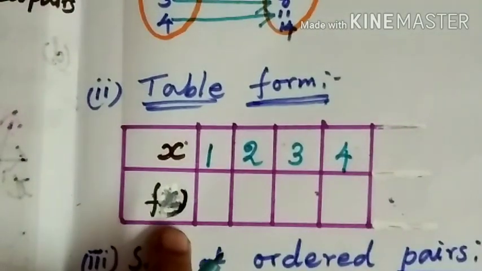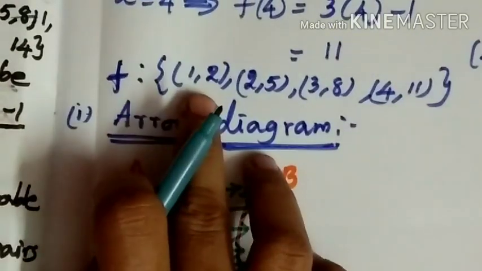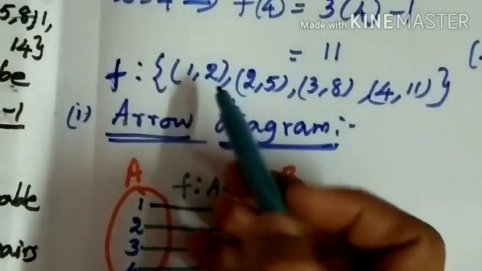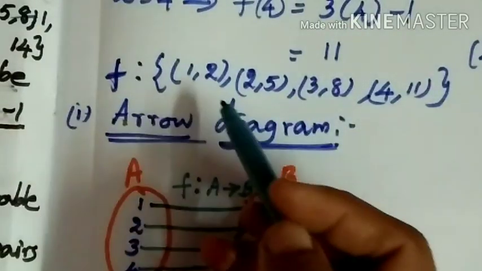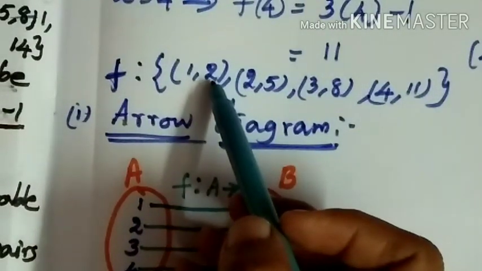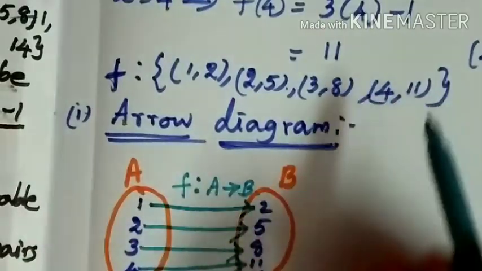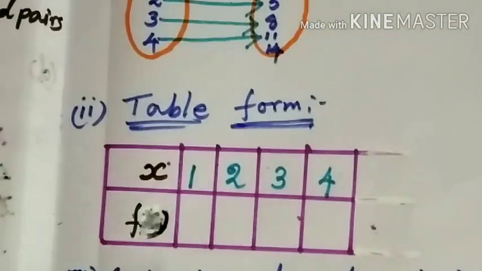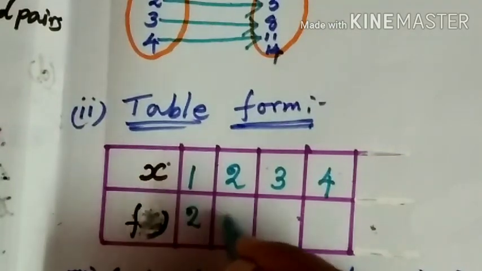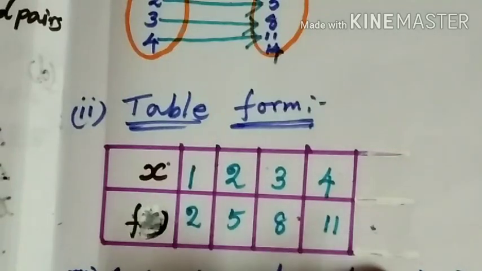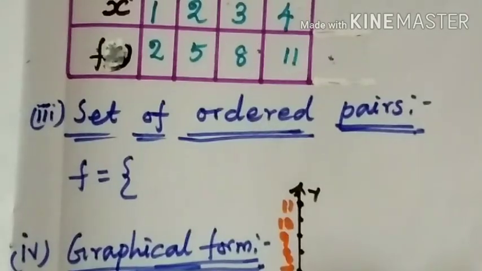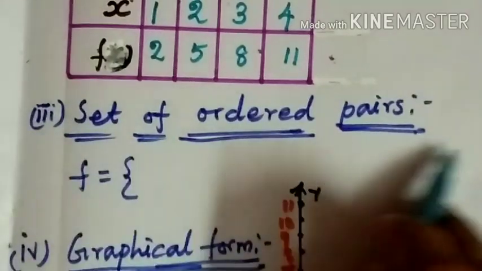Then f of x, the values of y, which means the second elements of these ordered pairs. The second elements are 2, 5, 8, 11. Take down and write 2, 5, 8, 11. This is the table form. Now the next heading is set of ordered pairs.